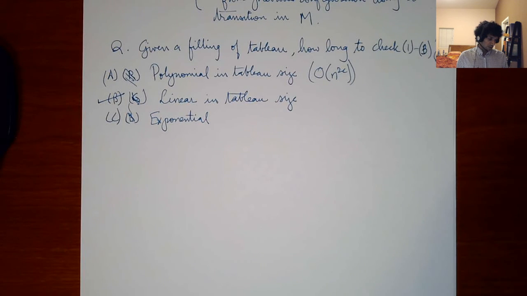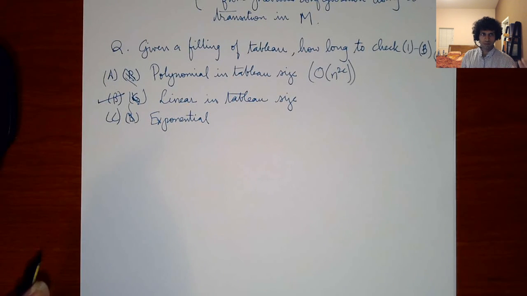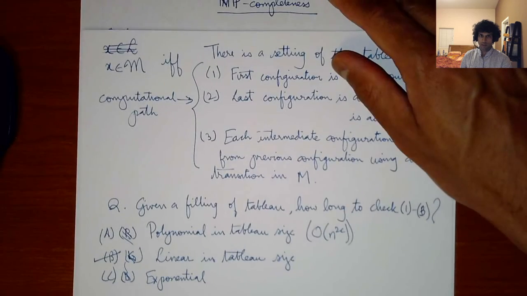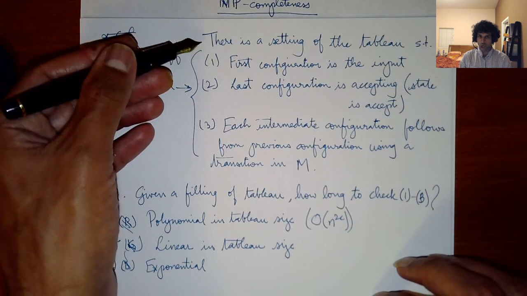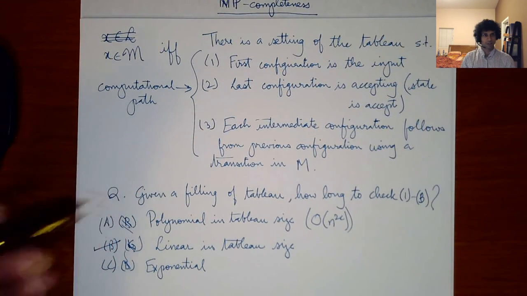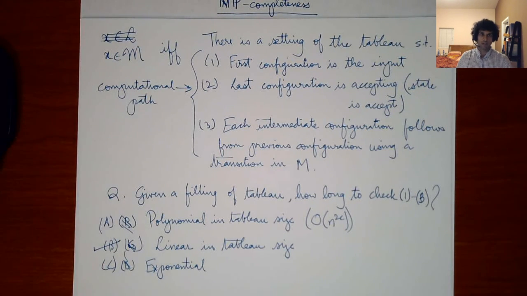So let's break this tableau checking down into a few more specific steps, and then from there we can convert. This is where the Boolean formula is going to come in. If I can encode all of this as a Boolean formula, then I have done my reduction to satisfiability. And that's really what the Cook-Levin theorem says.